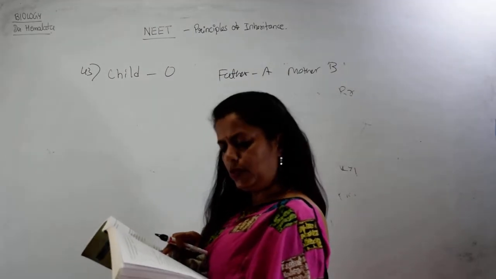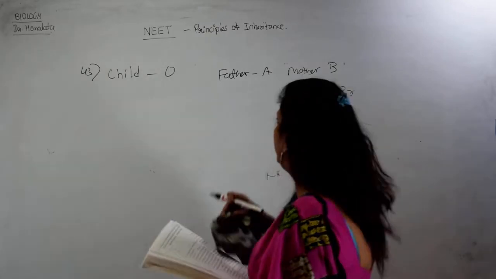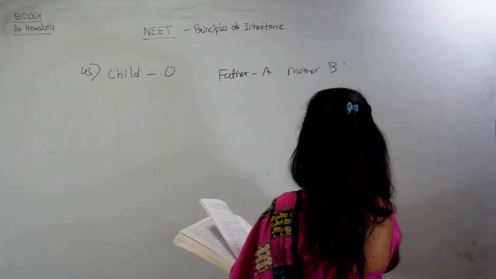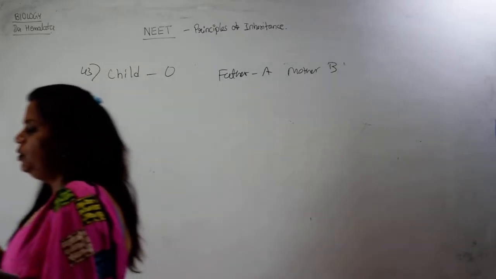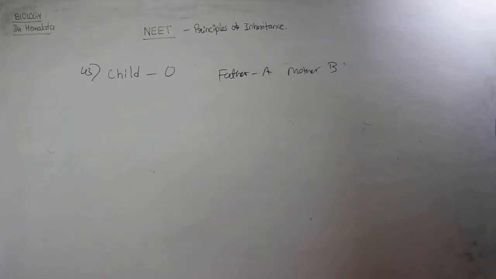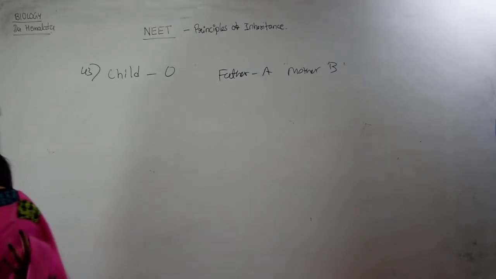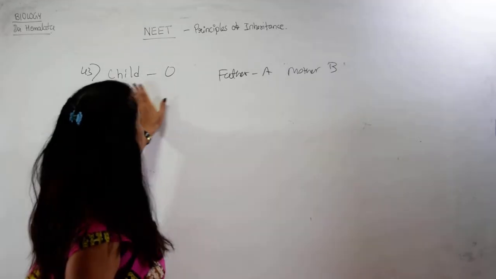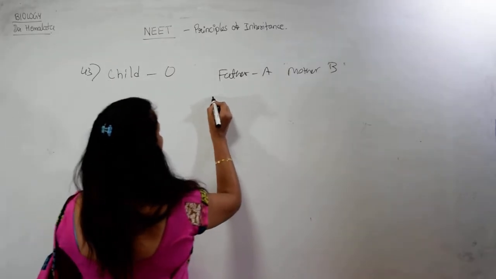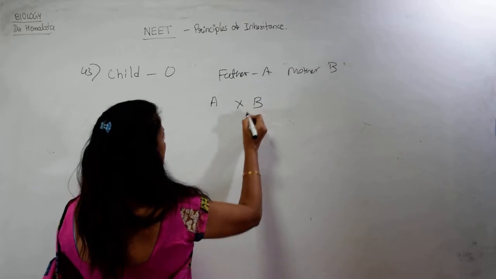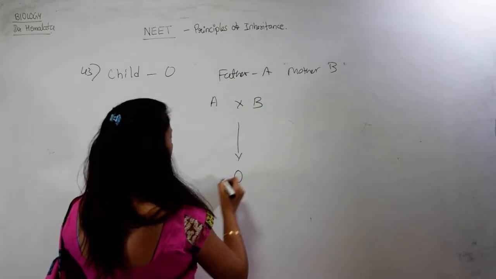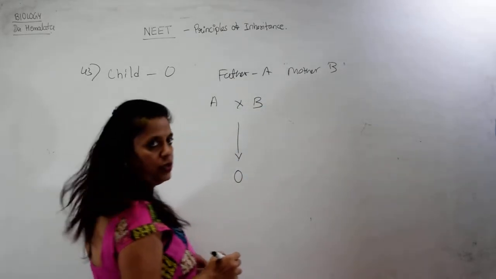Then what you have to do is work out the genotypes of the parents. Means you are given the phenotype only, blood groups only. You will have to work out the genotype, what kind of blood group genotype they have. This is the child, these are the parents. Father is A blood group, mother is B blood group. They have produced an O blood group child. How is it possible?